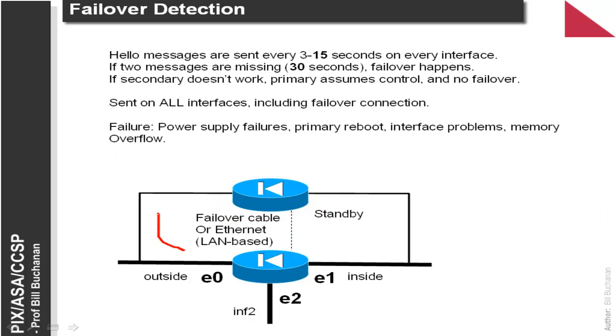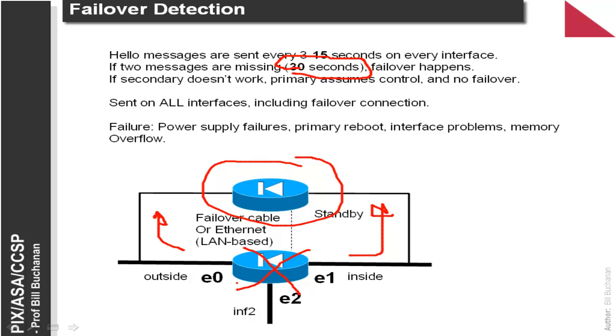Basically, hello messages are sent out every 3 to 15 seconds, 15 seconds by default, and if two of these hello messages are missing, then the secondary device will take over and will assume control. It will take over all the IP addresses, the MAC addresses, and if we have a failover cable, it actually knows all the connections, so there will be no difference in the connections that are occurring.